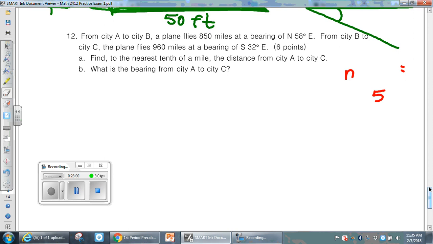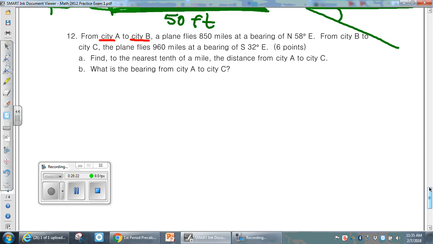Number 12 requires a lot of thinking. Okay, so we have two cities, city A and city B, and we have a plane that flies from city B to city C. So we have 3 cities.